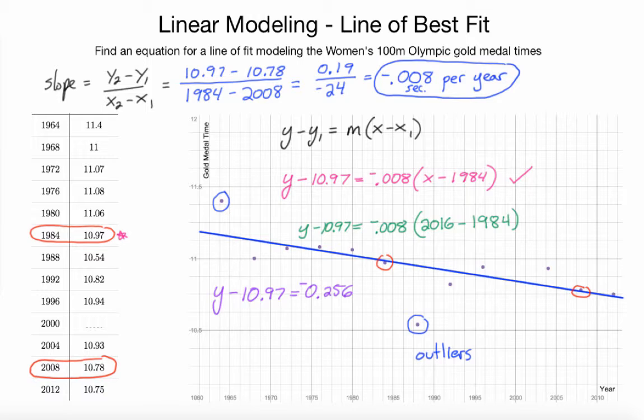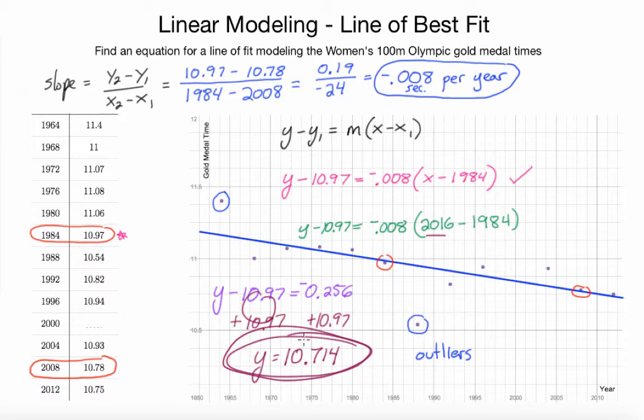All right, my last step is let's add 10.97 to both sides. And we see that in the year, if I put in the year 2016, according to our linear model, the gold winning time should be 10.714 seconds.